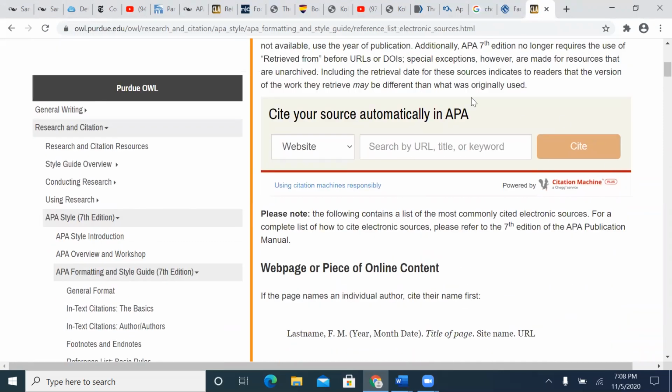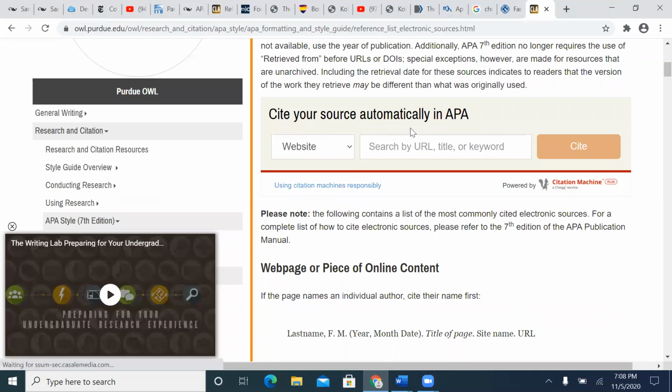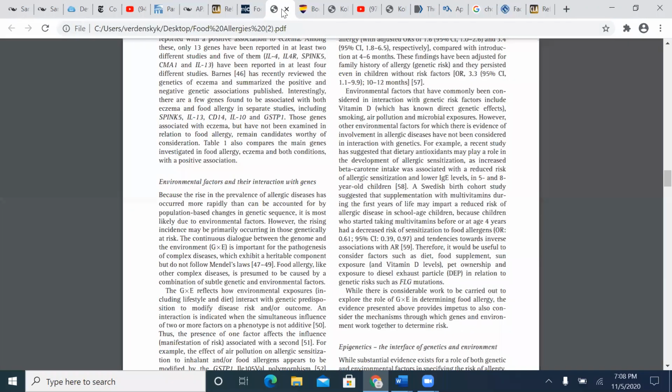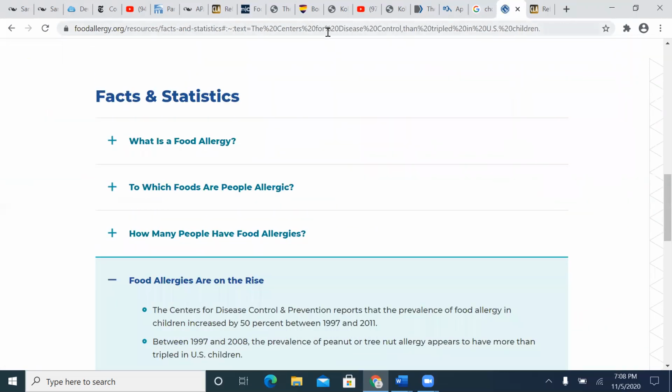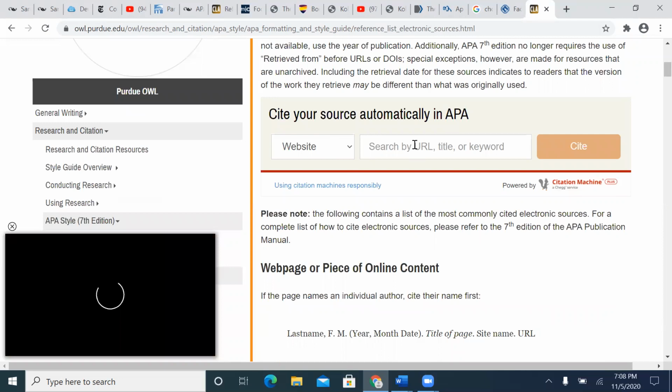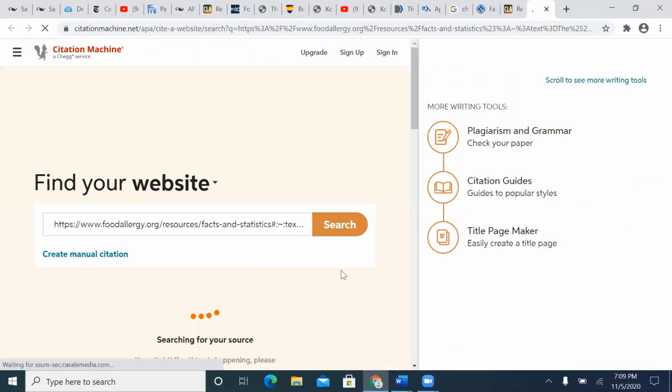And yes, there are auto formatters. A lot of the times it doesn't give accurate results, but you can always give it a try. Just please make sure that you go back and verify that it is in fact accurate. Okay, so we'll go ahead and try this auto formatter and paste our URL in there and see what it gives us.